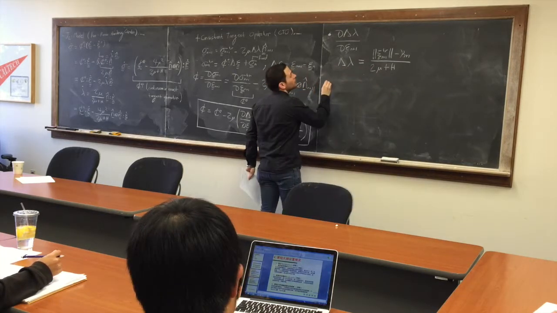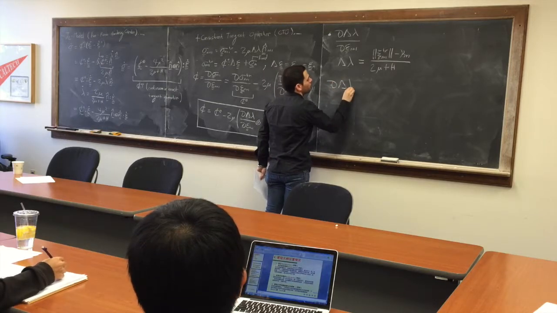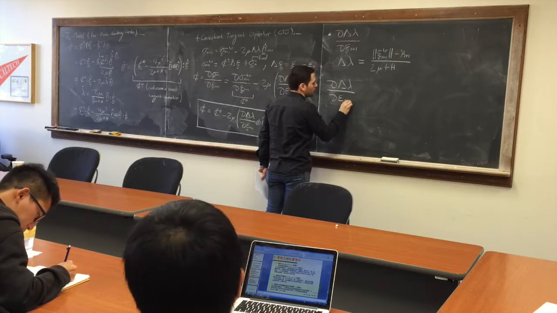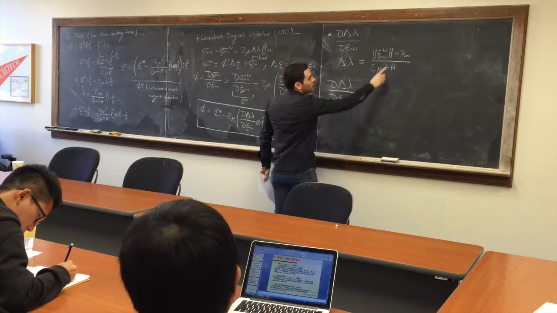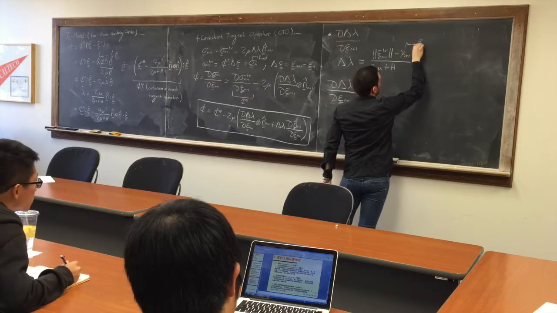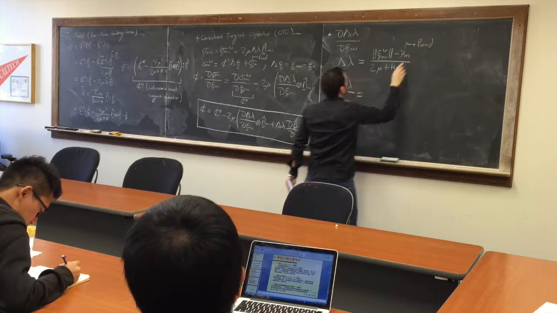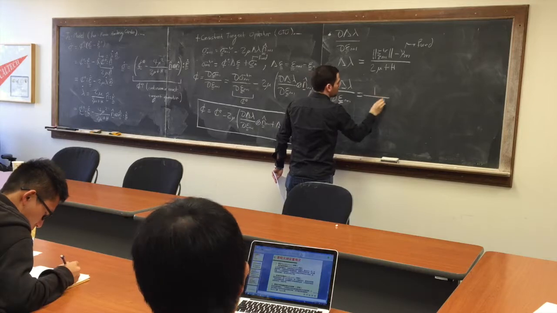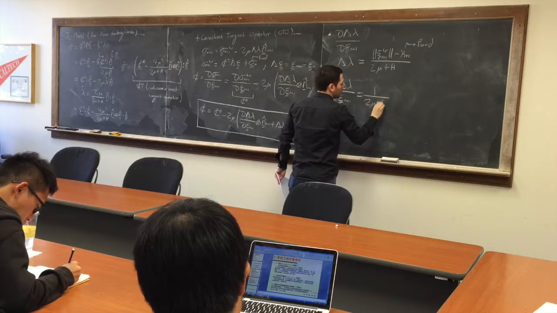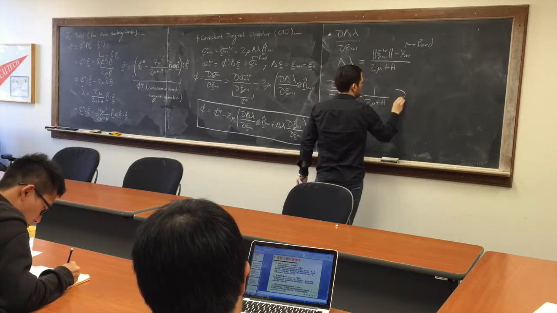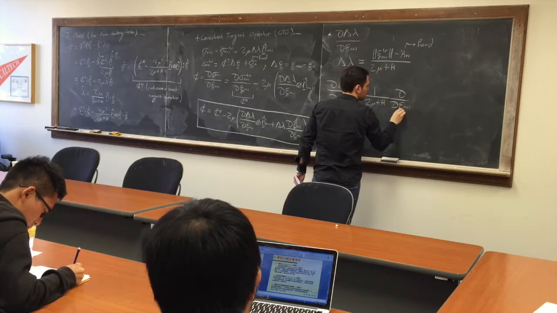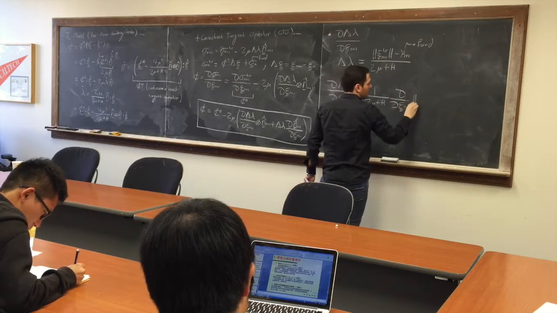So the derivative of delta lambda with respect to epsilon at n plus 1 is, this is fixed, we already know it. This is a constant, it's also fixed. 2 mu plus h, derivative of this norm.